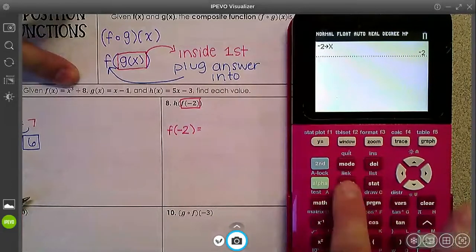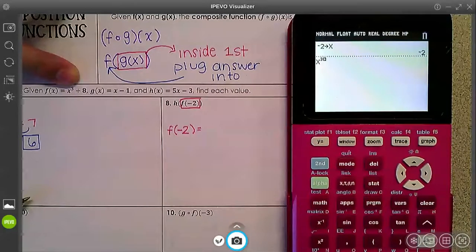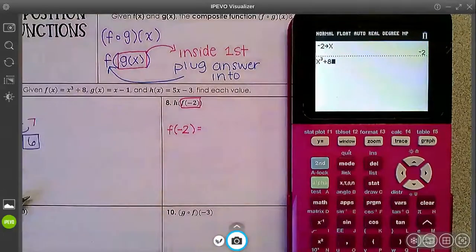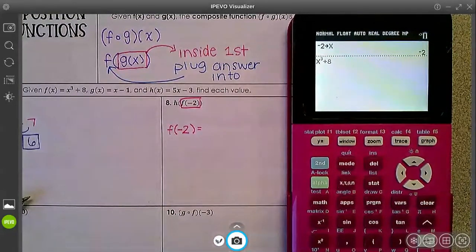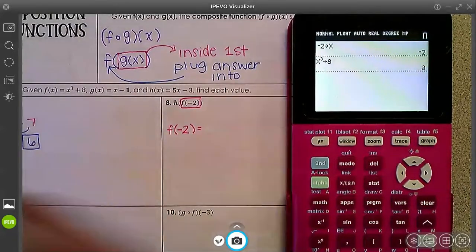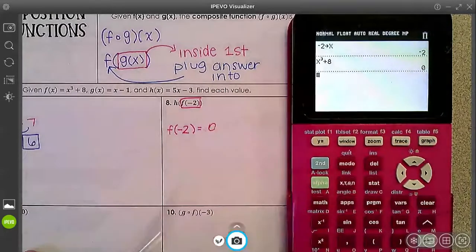And then we're going to type in x cubed plus 8. Does everybody know how to get the cubed? Okay. And my answer is 0.